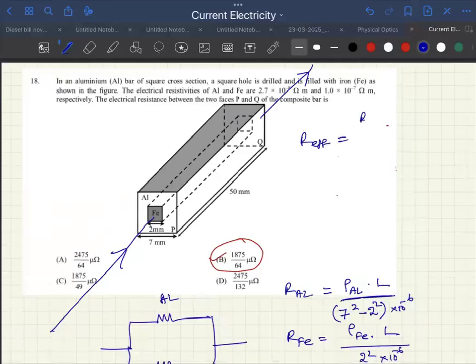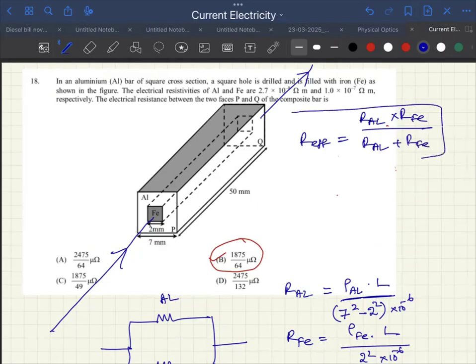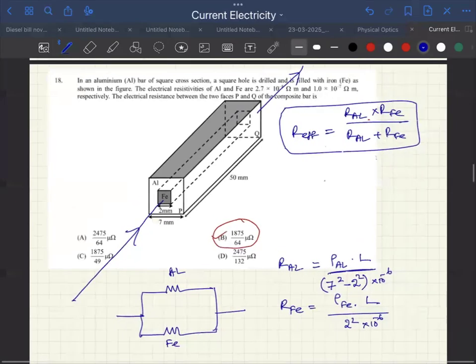The effective resistance is R aluminum into R iron by R aluminum plus R iron. Hey Mahanth, tell me, this is an IIT question. Now, I assume that I haven't discussed this, but did I cover the fundamentals required for this question prior to this question or not? Tell me.